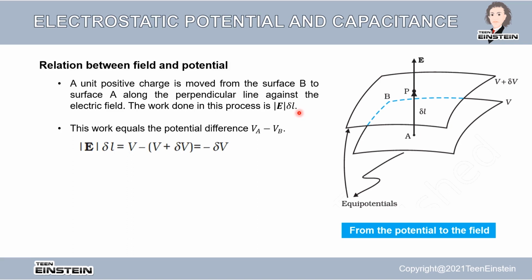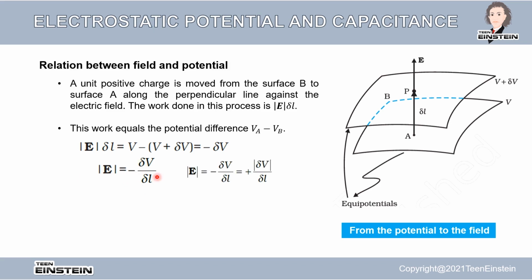So the work done is equal to the modulus of E times delta L, that is, electric field times the distance, and this work is also equal to the potential difference, which is V minus (V plus delta V), which is nothing but minus delta V. So the potential at V minus the potential at B. Now you just bring this delta L to the right hand side, so you have E equal to minus delta V by delta L.